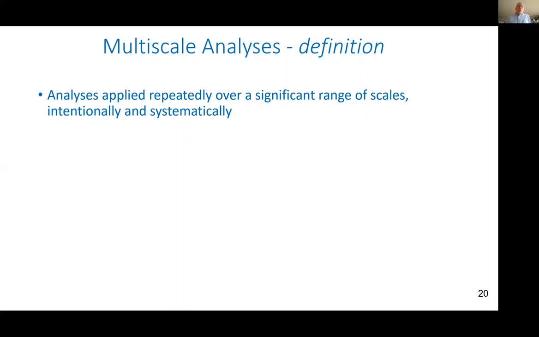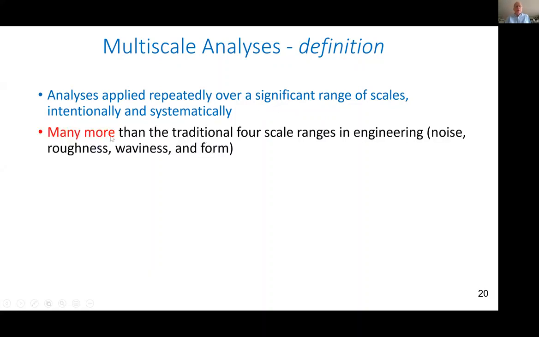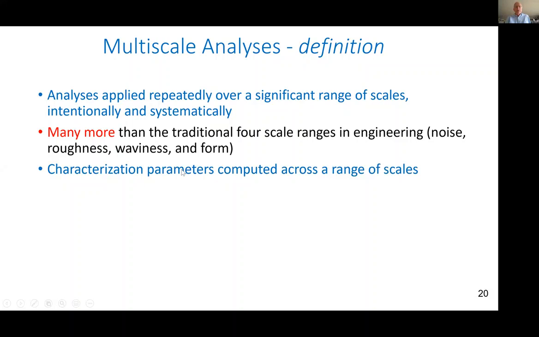And so what we're looking for are analyses that are applied systematically over a significant range of scales. So we're going to look at scale specificity that we didn't look at before. We need many more than the traditional 4 ranges of scales that we were just looking at. These are much too coarse to qualify as true multi-scale analysis.